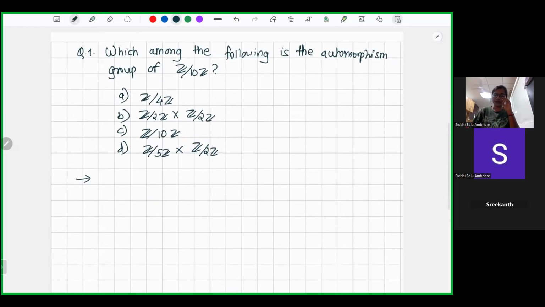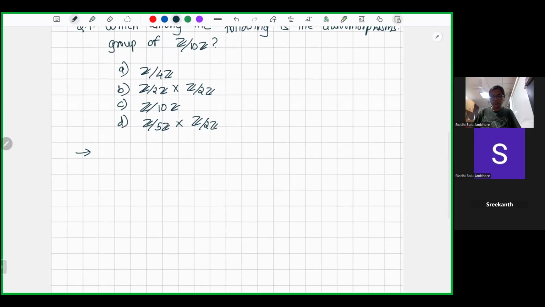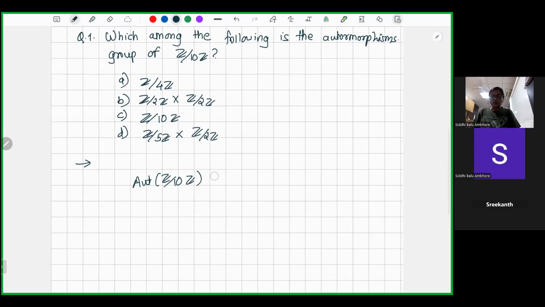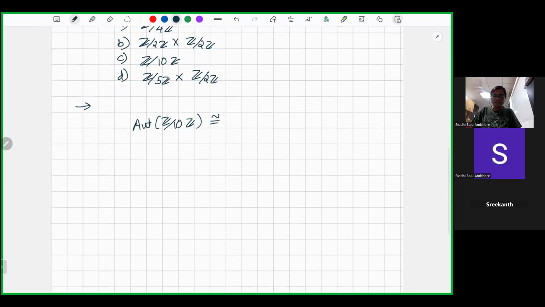Okay, so I hope you know what is a group of automorphisms. What we have to find is the group of automorphisms of Z10, and among these four groups, to which it is isomorphic.